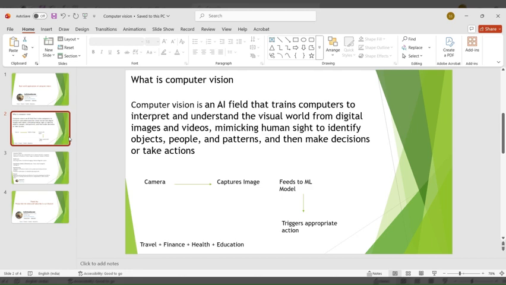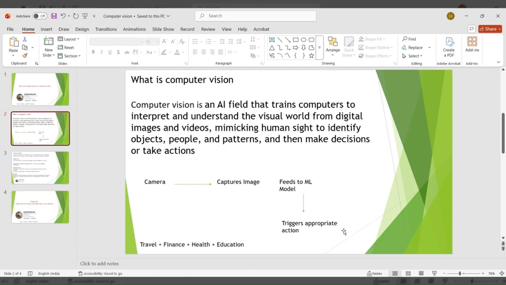So now if you just see, this is the simplest implementation pattern followed by most of the computer vision applications, where there is a camera, which can be your mobile camera, it can be your computer camera, it can be a CCTV camera, right? Anything that captures the physical world object and converts it into the digital format.